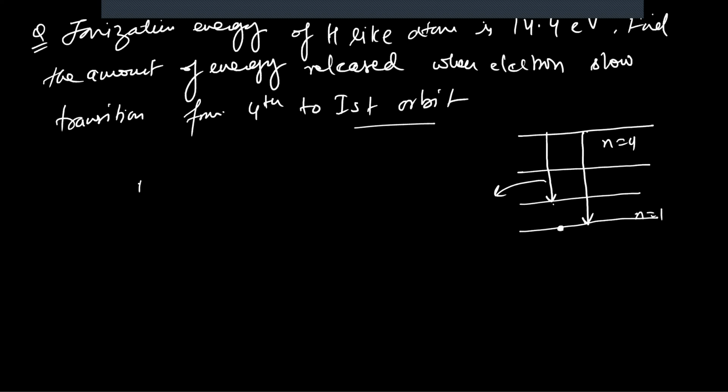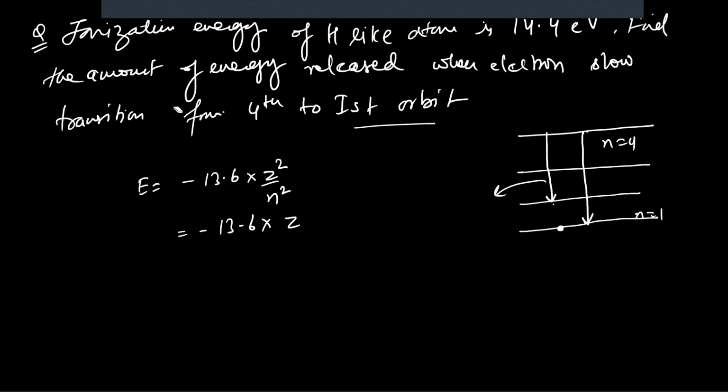Got it? So what you are going to calculate is the value 13.6 into Z square upon n square, where n is the target. So we are going to write here 13.6 into Z square.